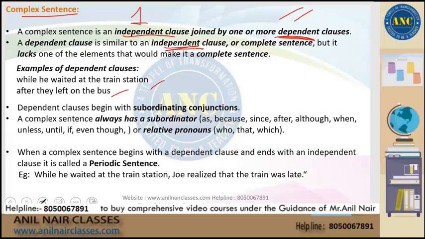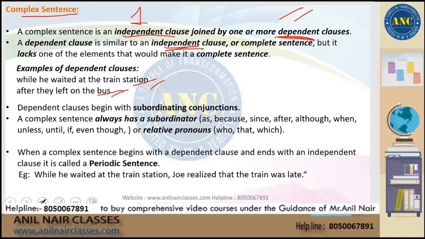You don't have a complete picture of what was happening when you hear these. But when added to an independent clause, it gives even more sense. The understanding becomes greater when you join a dependent clause to an independent clause.